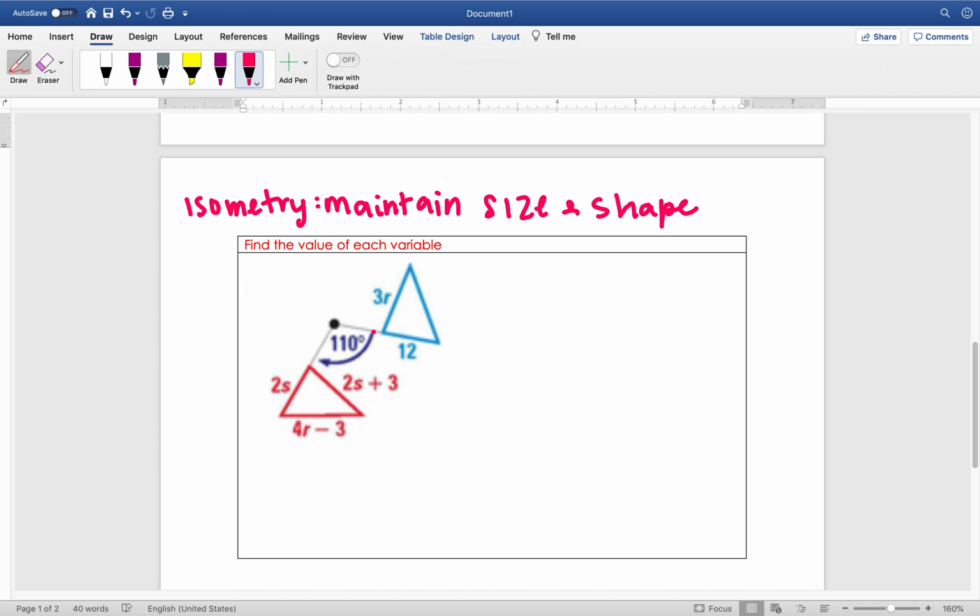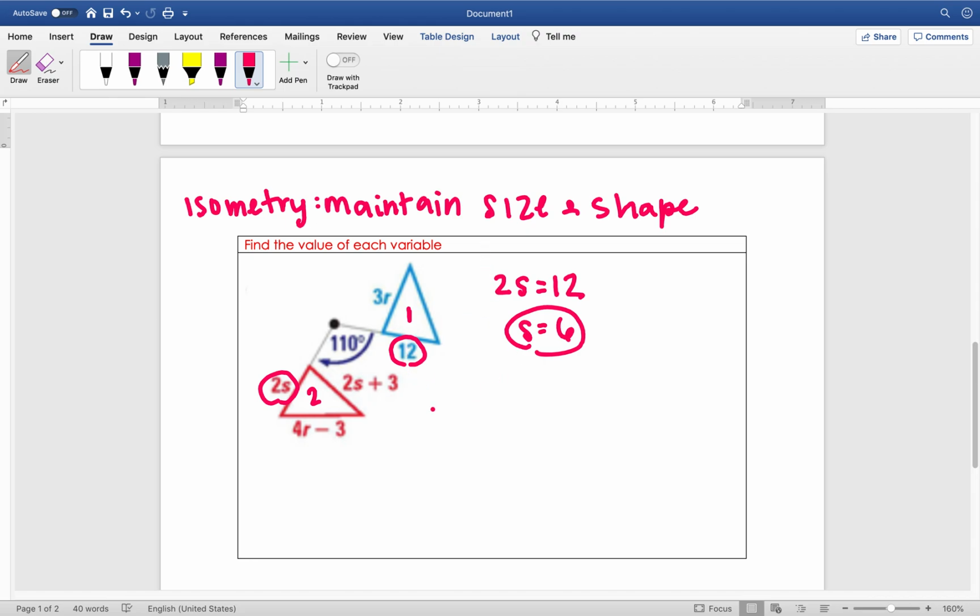So all I did was take this original shape here, the blue, and I rotated it clockwise 110 degrees, and it ended up over here. So if I want to find the value of each variable, all I have to do is match it up. So I would assume that this 12 here would match up with this 2s. So 2s is equal to 12, and s is equal to 6. And then I would use this information here to find the side that I need.